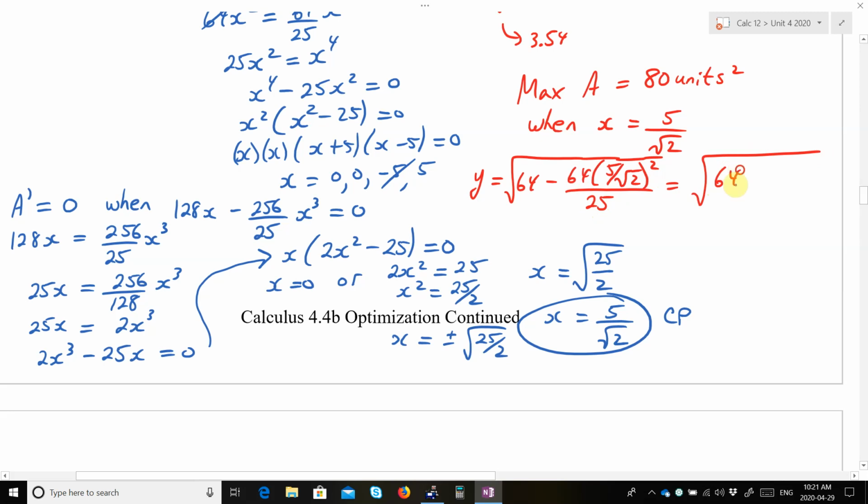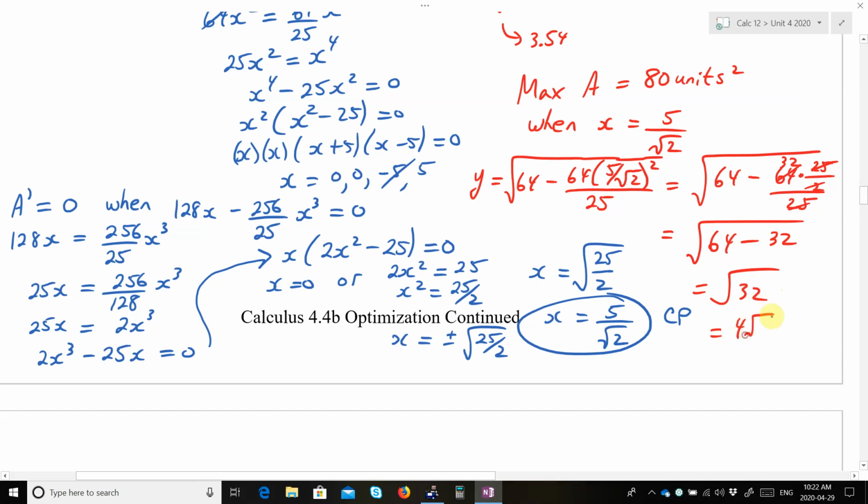And so we'll end up getting 64 minus, we would have 64 times 5 squared is 25, root 2 squared is 2, over 25, like that. 64 divided by 2 is 32. 25 divided by 25 cancels, so we end up getting y as being root 32, which is the square root of 16 times the square root of 2, so 4 root 2.